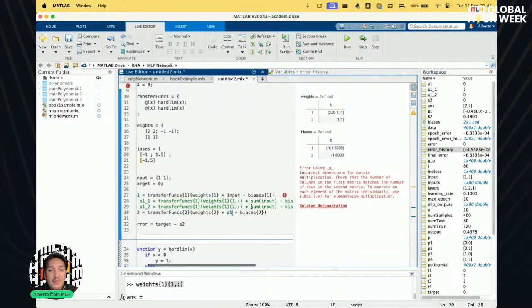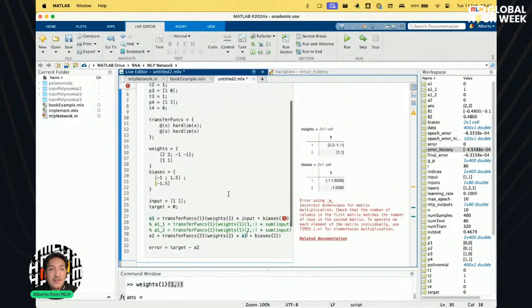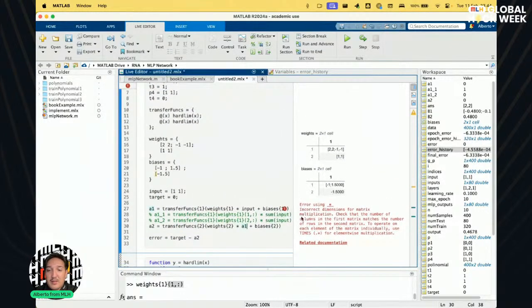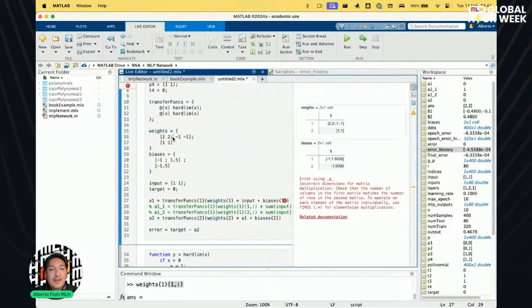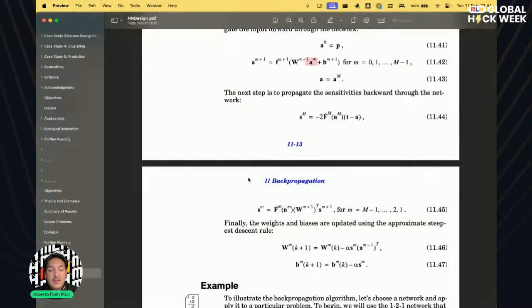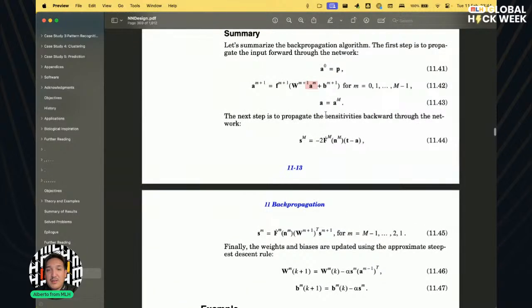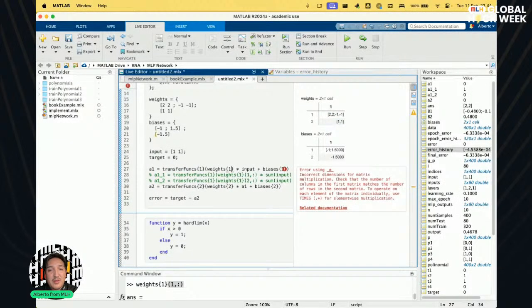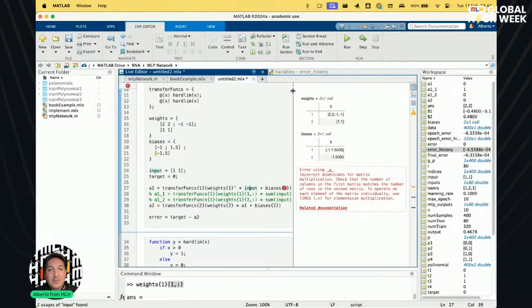Oh, what happened? Incorrect dimension. I'm probably missing something. I'm going to transpose this just to see. Biases.